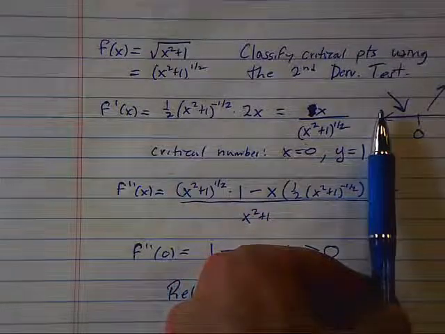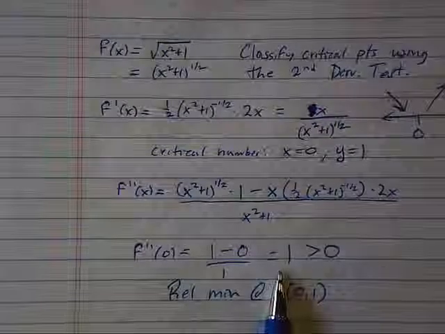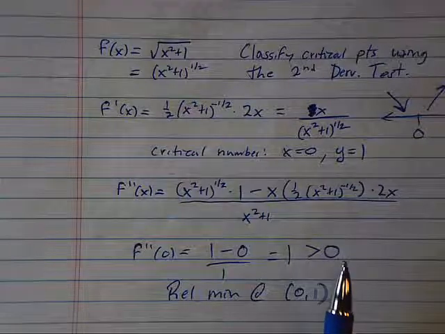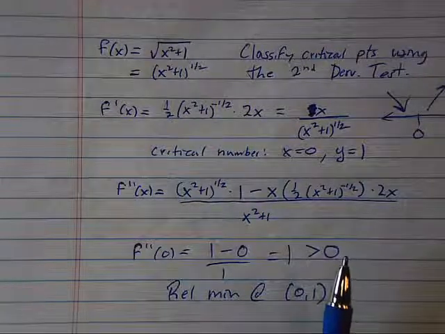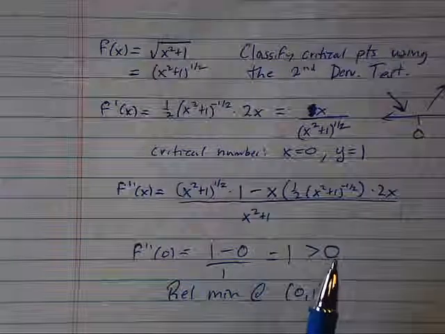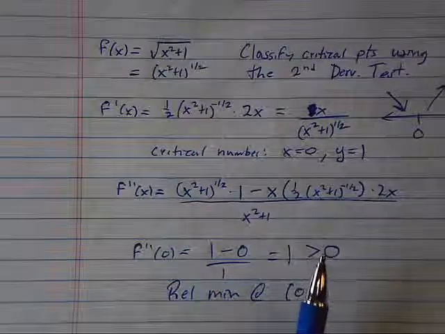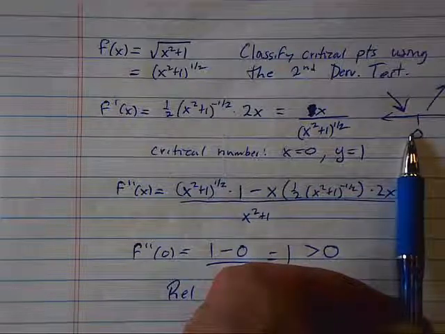I can just say, Wolfram Alpha, tell me second derivative at 0. It will tell me the answer is 1, which will tell me I have a relative minimum. My personal opinion is I think that's the only time the second derivative test is better, is when you have a computer algebra system and you can ask it to find the second derivative and plug in the number for you. And then I think it's quicker and easier. Otherwise, in reality, I think the first derivative test is always easier. That's my opinion.